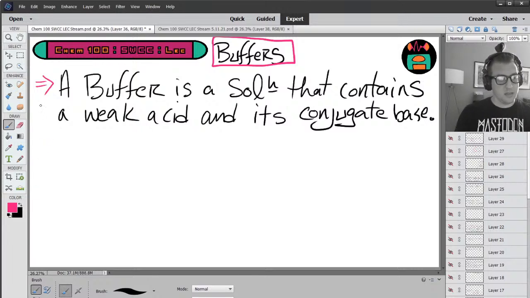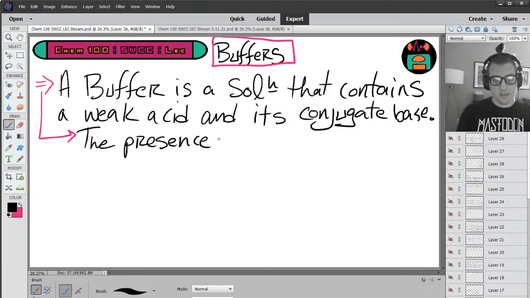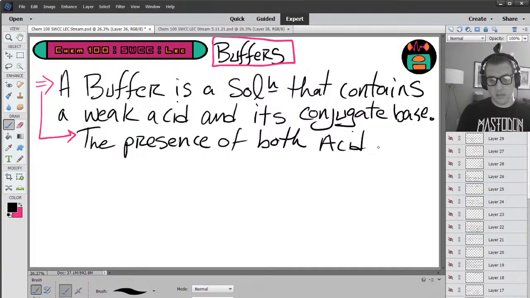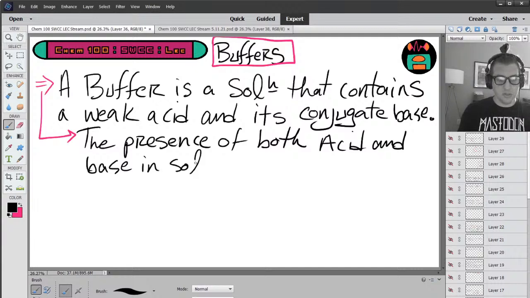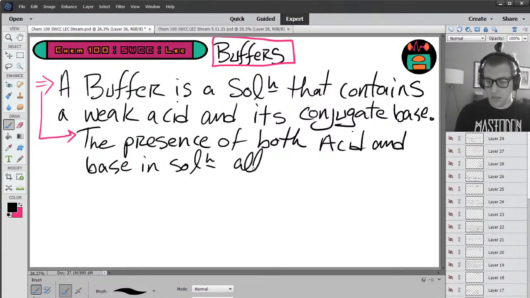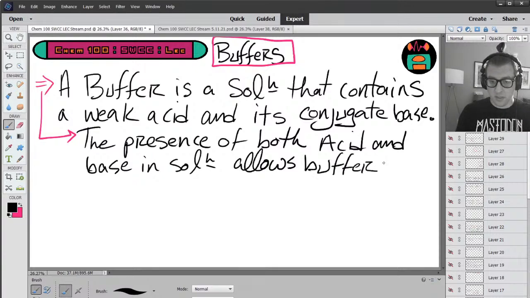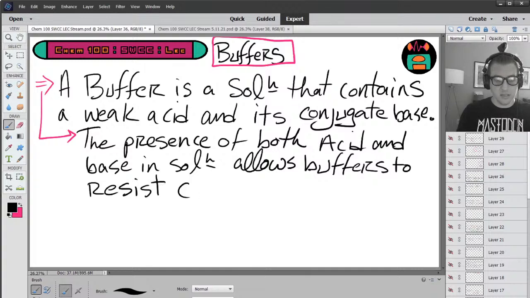Or I should say, the presence of both acid and base in solution allows buffers to resist changes in its pH.